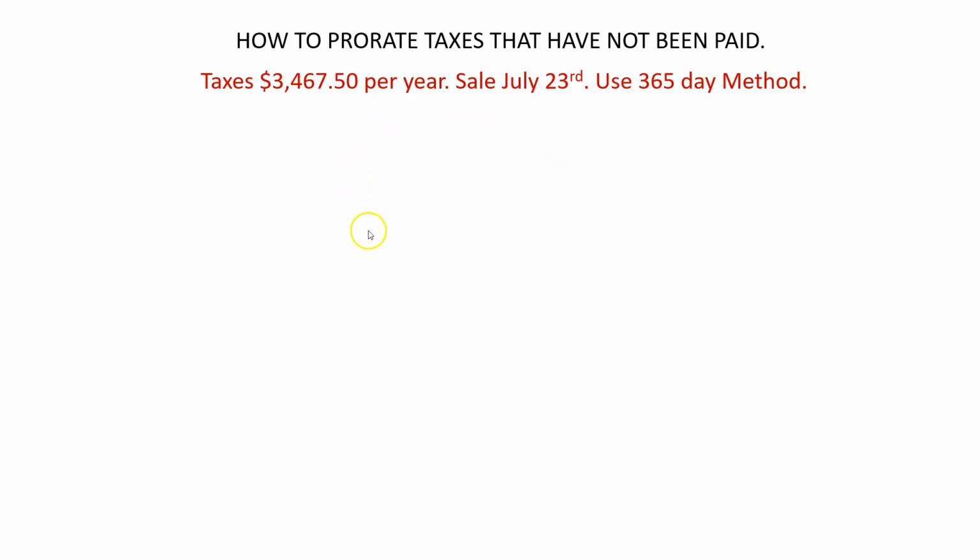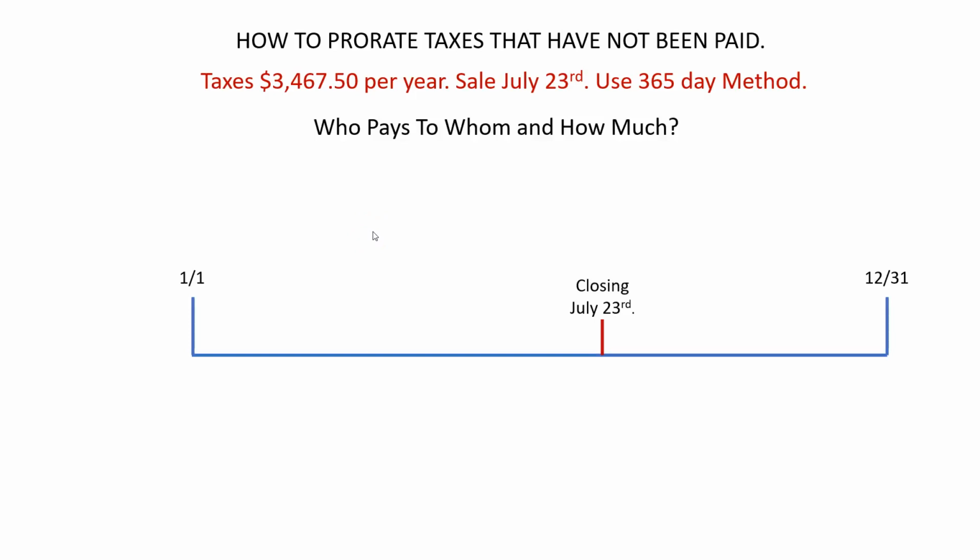Here's an example. I'm just going to go through one of these: prorate the taxes that have not been paid. You've seen this before, or you will see it, but essentially what we're saying here is that the taxes are $3,467 for the year, and the sale closes on July the 23rd. Who pays to whom and how much? So first of all, we've got to decide how much of the taxes per year.